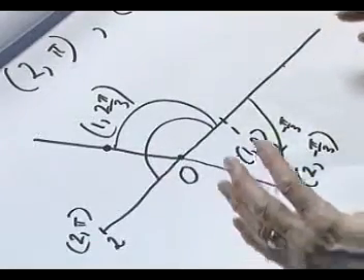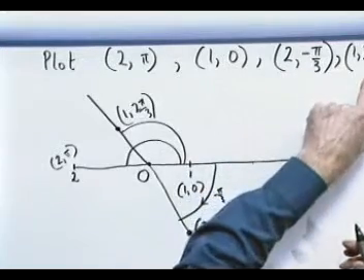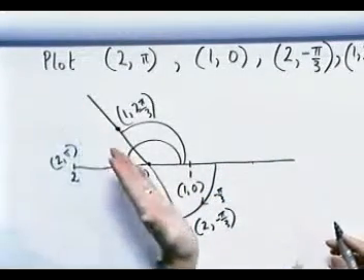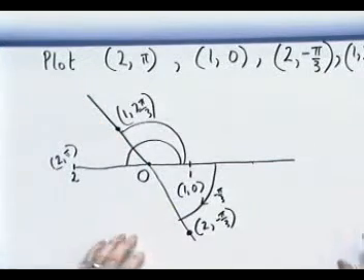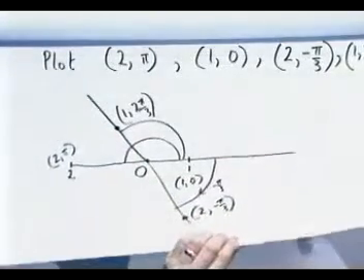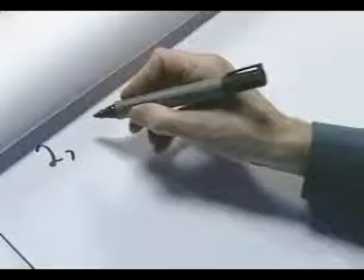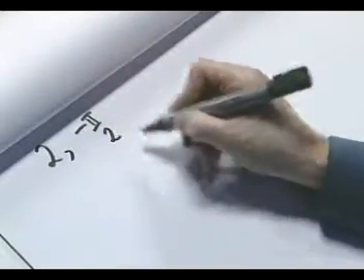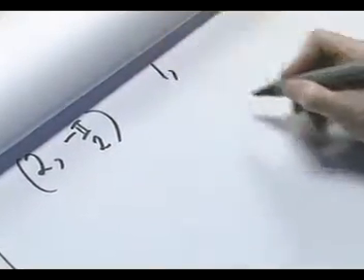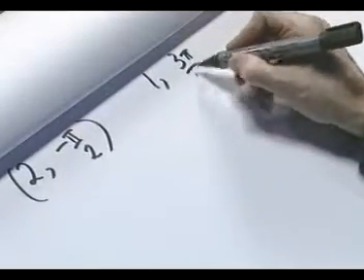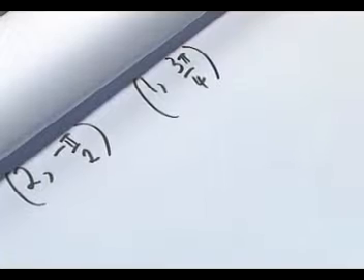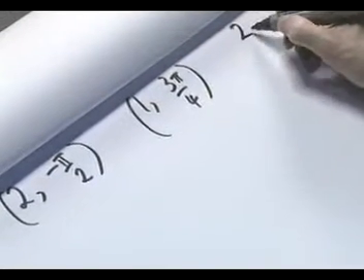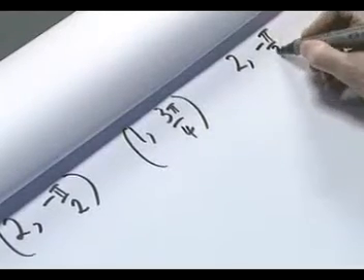Notice that we've taken theta first to establish in which direction we're actually facing. Okay, having got used to plotting points, let's now have a look in polar coordinates at these points: 2, minus pi by 2; 1, 3/4 of pi; and 2, minus pi by 3.